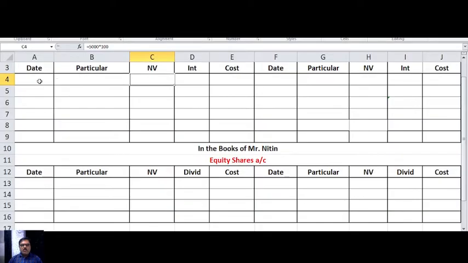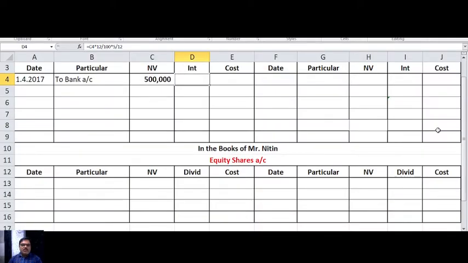So the first entry that you have to make is on 1st April, to bank account, because it is a purchase. How will you calculate the nominal value? 5,000 multiplied by 100, that is 5 lakh. Next we have to calculate interest.